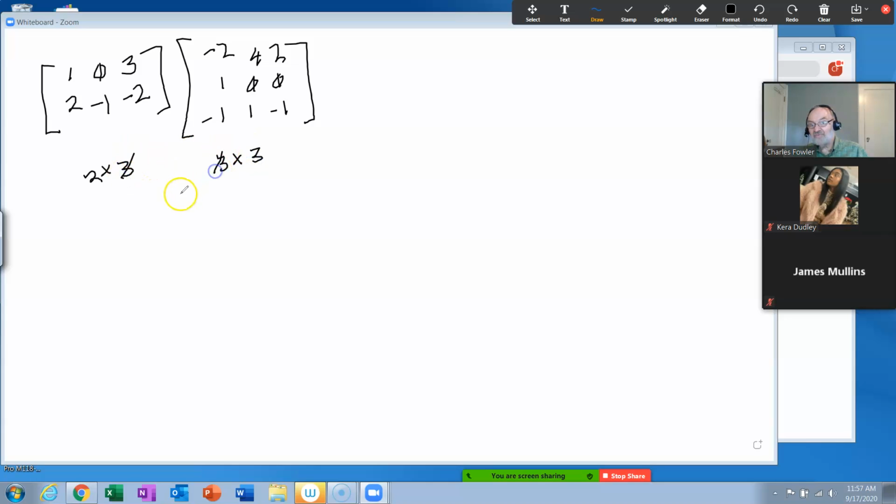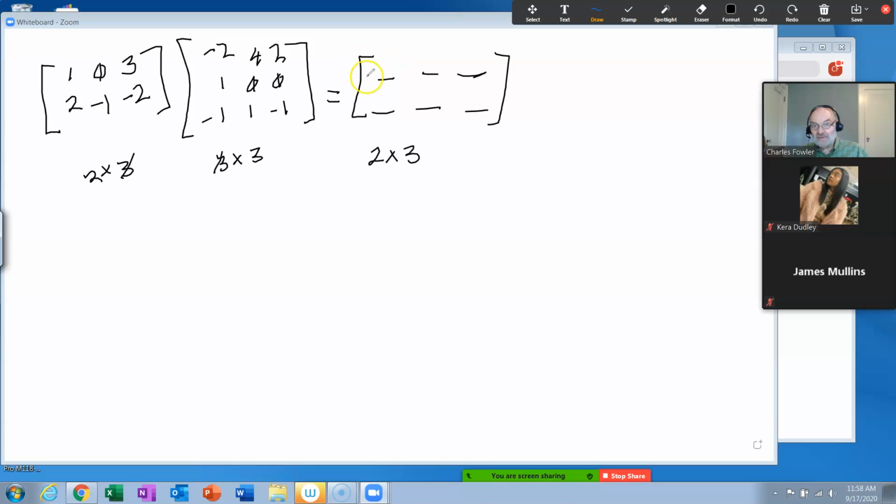These two are the same. I struck them out so I could know what the product matrix was. It has to be a 2 by 3. When you wipe out the two that are the same, then what's left is your answer. So this is going to be a 2 by 3 as well. 3 columns, 2 rows.